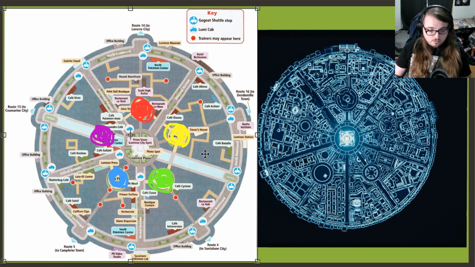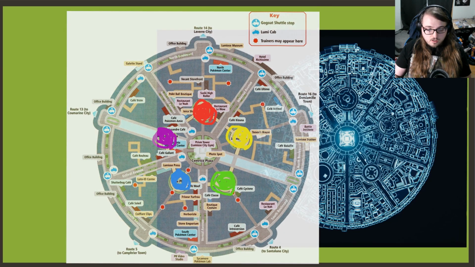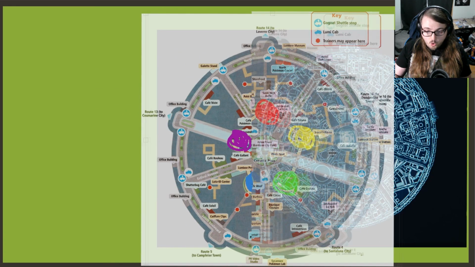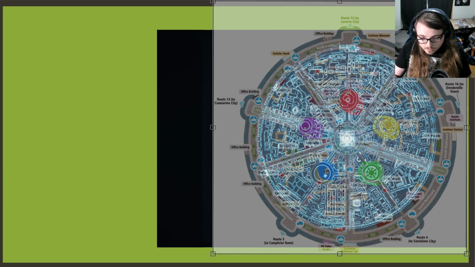Well, if we go ahead and overlay, let's actually make this slightly transparent. If we go ahead and overlay these two together, you get kind of an interesting look at things, right? So as you can see, they don't quite line up.